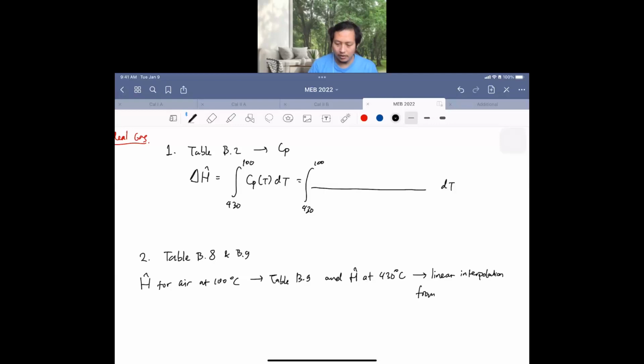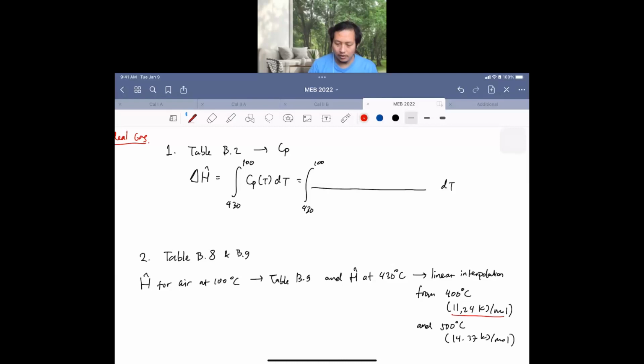On the table you have only 400 degrees Celsius, which is 11.35 kilojoule per mole, and you need to interpolate with 500 degrees Celsius, which is 14.37 kilojoule per mole.